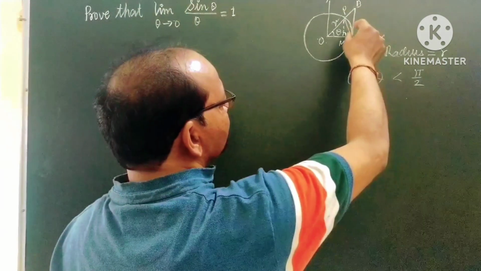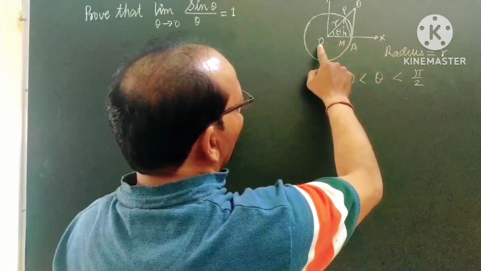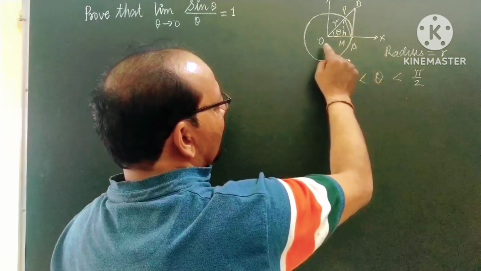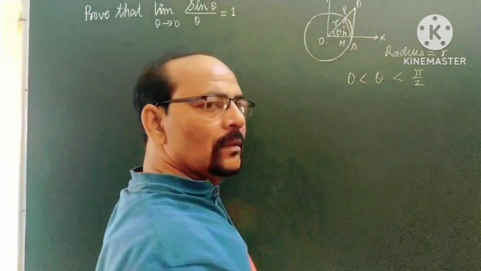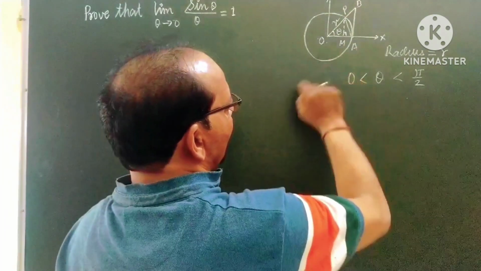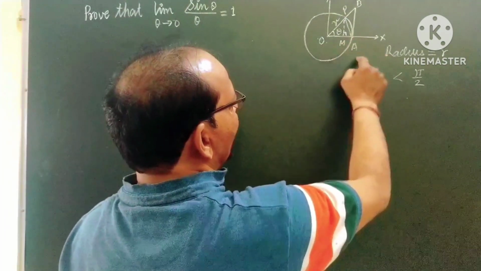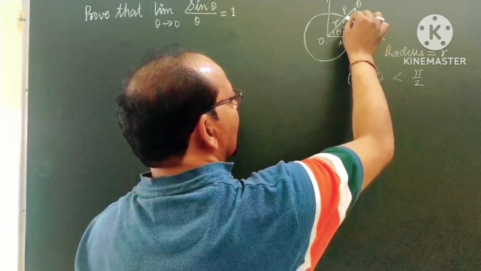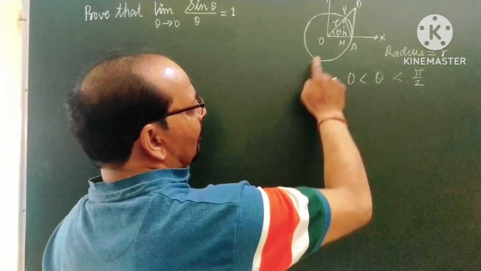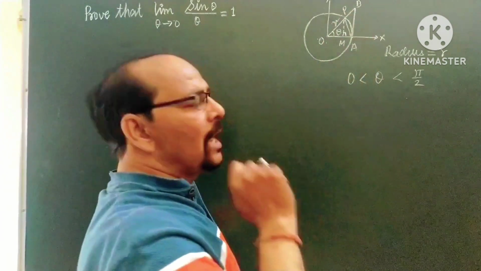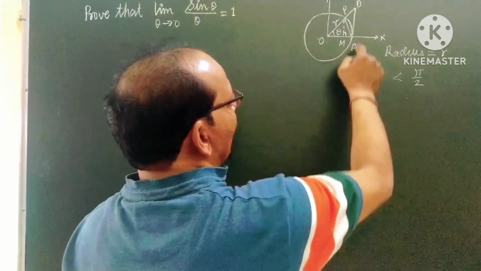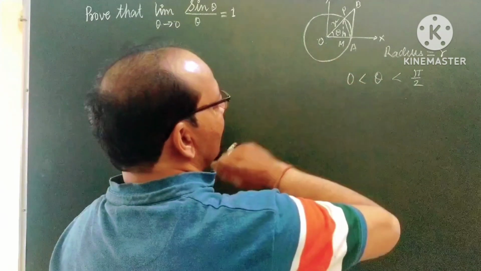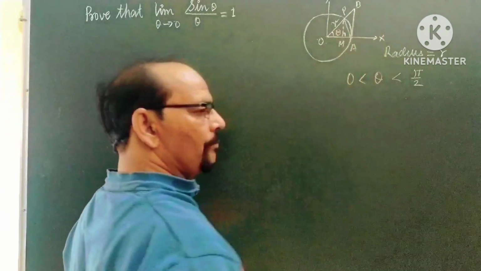In triangle OAP, the area of triangle OAP is less than the area of sector OAP. Area of sector means OA and this. Therefore, area of triangle OAP is less than the area of sector OAP, and this is less than the area of triangle OAB.